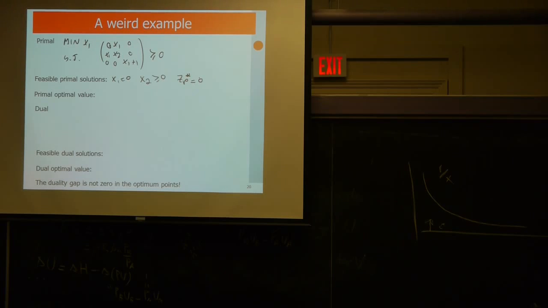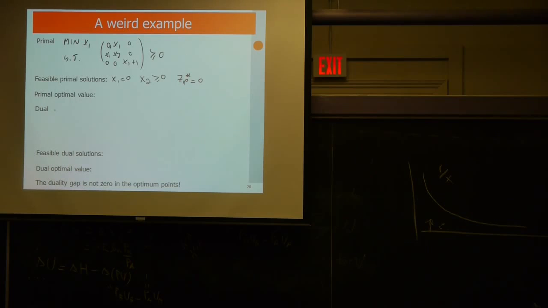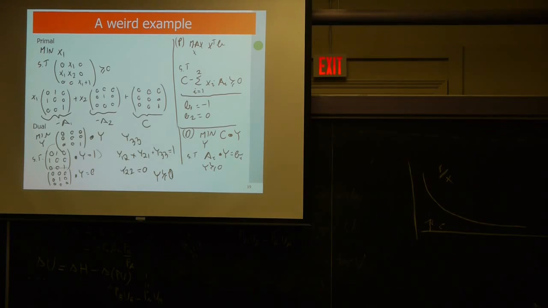Okay, what's the dual? We want to minimize y33. In other words, I want to maximize y33 subject to, we had this constraint and this constraint.